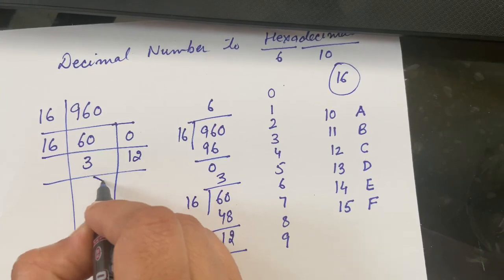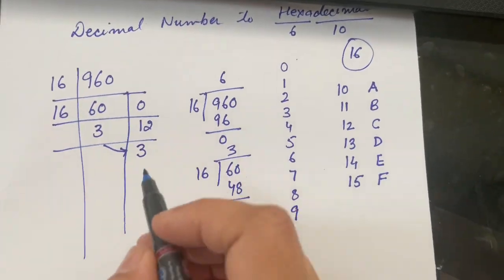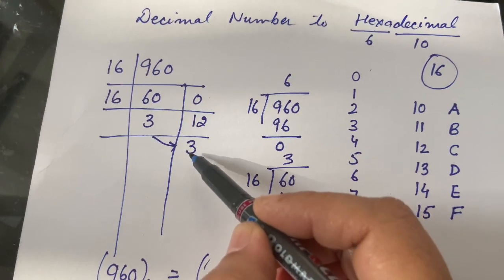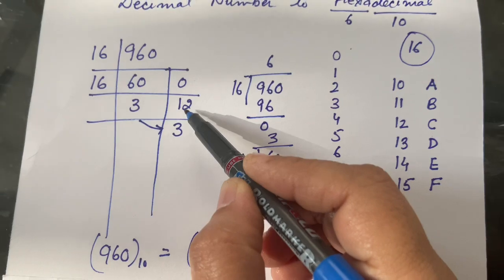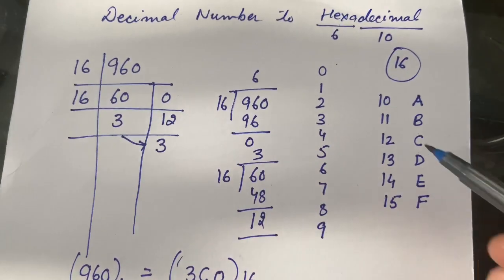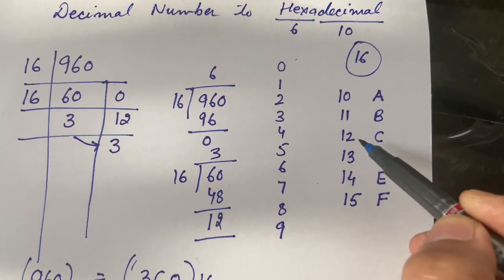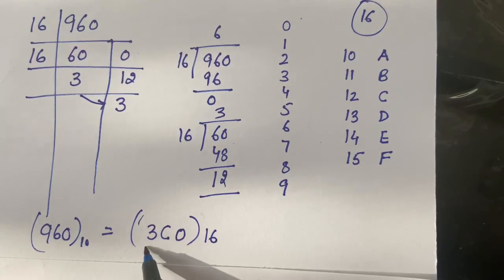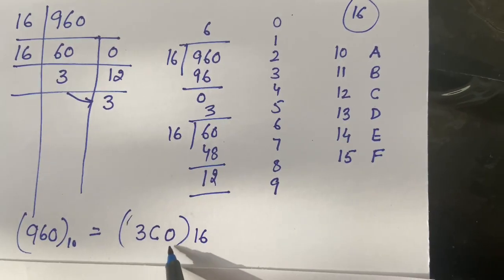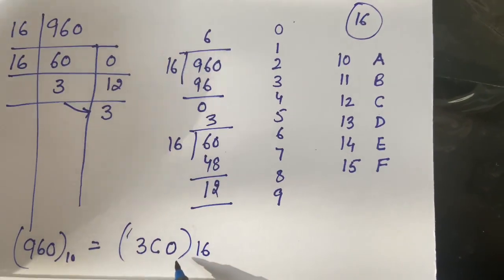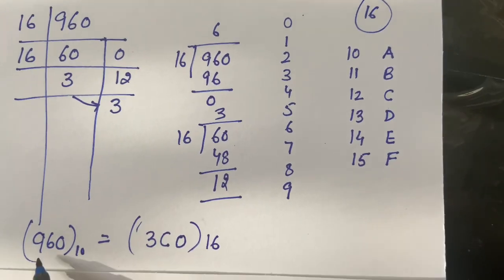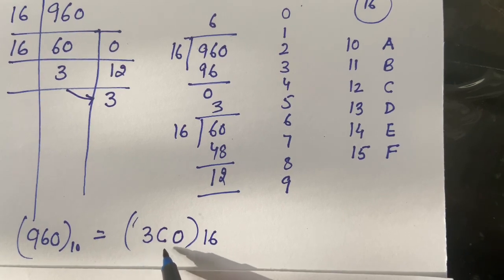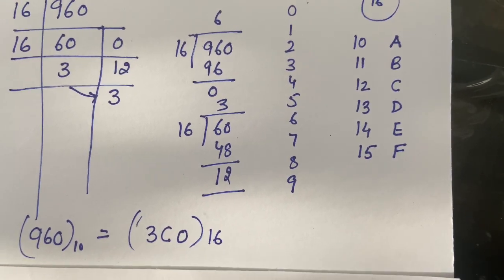This cannot be further divided, so we will write here 3. So children, you know how to write the answer from bottom to top. So we will write down 3. 12 cannot be written in this way. In hexadecimal, in place of 12 we write C. So 3C and 0. This is the answer when we convert the decimal number to a hexadecimal number. So 960 decimal, when we convert into hexadecimal, we will get 3C0.